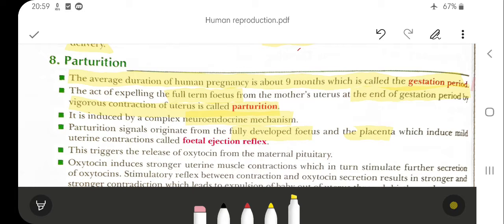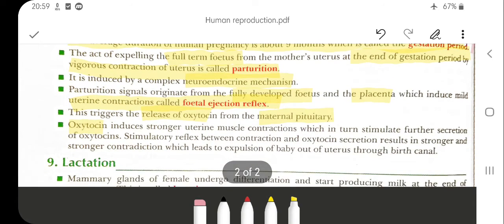These are the sources from where the signals go to the body and induce the uterine contraction known as the fetal ejection reflex. This triggers the release of the hormone oxytocin from the mother's pituitary gland. Oxytocin induces strong uterine muscle contraction, which in turn stimulates the secretion of further oxytocin.